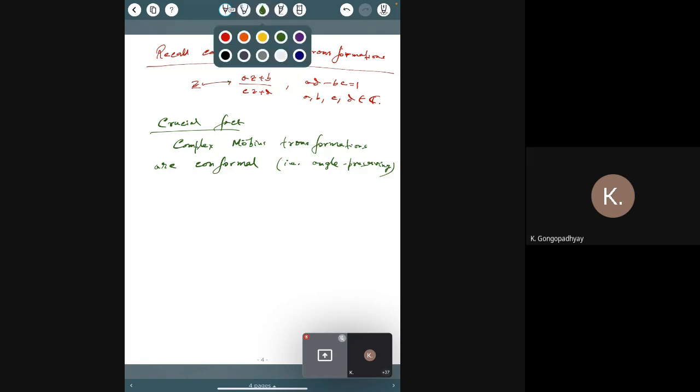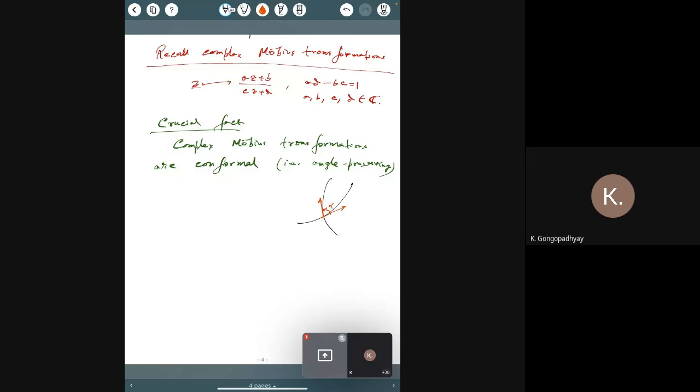So this is the picture. Just let me draw quickly. Suppose these are two curves, then you just draw the angle between the tangents to these two curves. This is the concept of angle at a point when you have two curves.